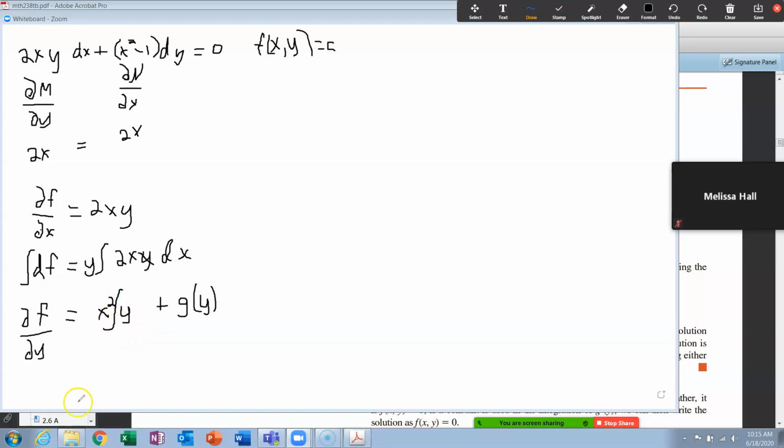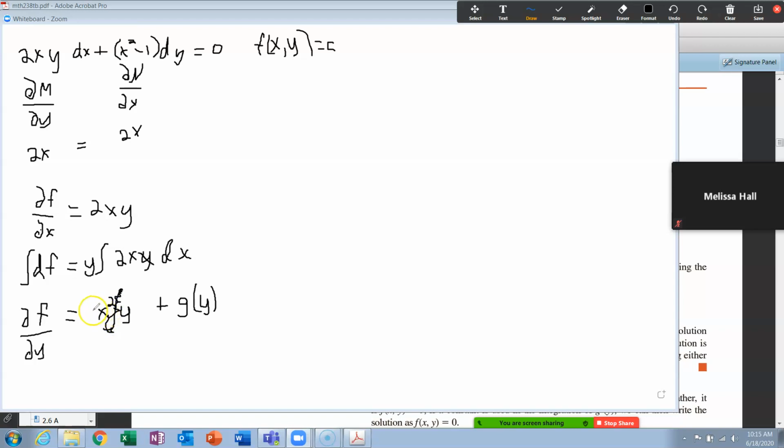Wait, why did I put an integral sign there? Goodness gracious, where's my brain? Uh-oh, the eraser's not working. I don't know why it does this at some point. So this is not there, folks. I can't erase it.